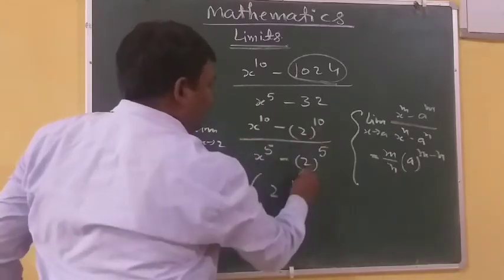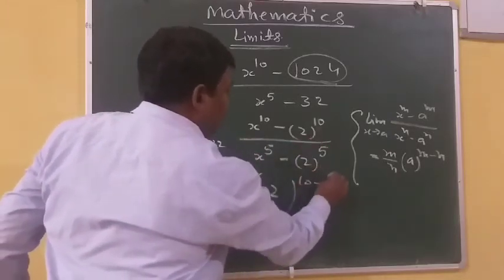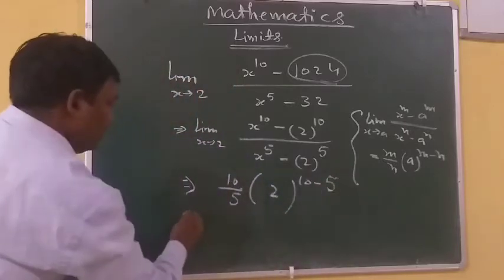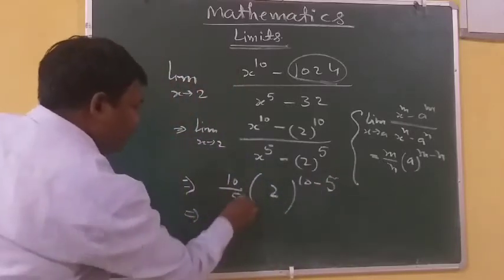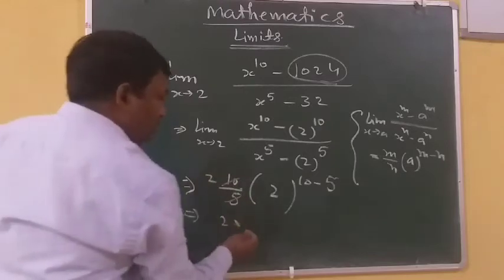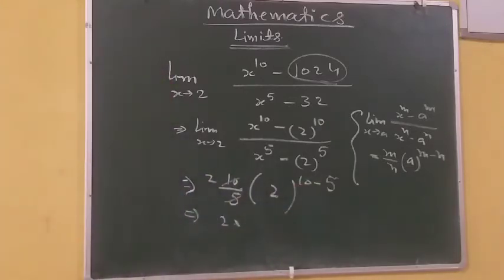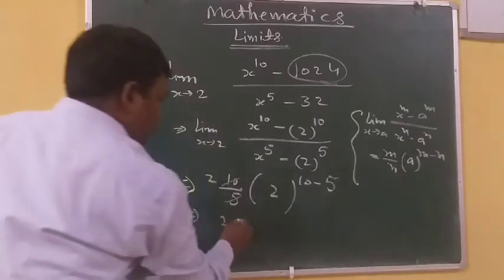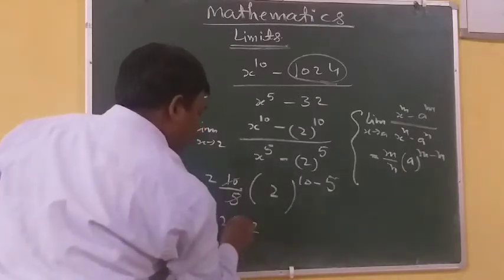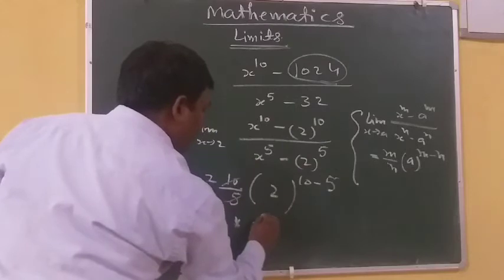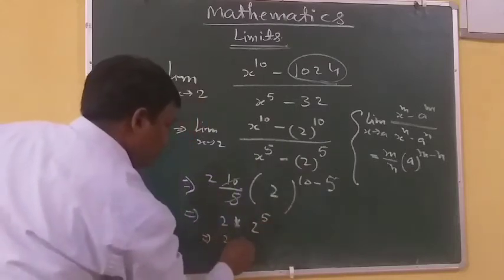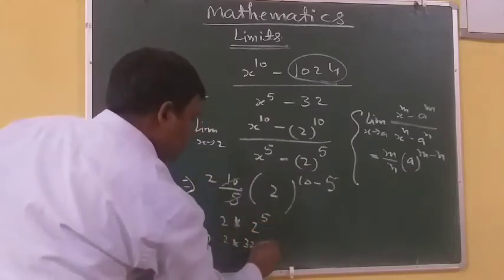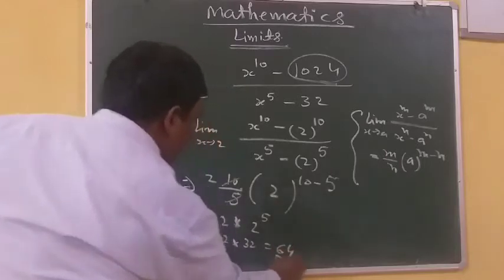So it will be 10 by 5, 2 into 2 power 10 minus 5, and 2 into 2 power 5 is 2 into 32. So 64 should be your result.